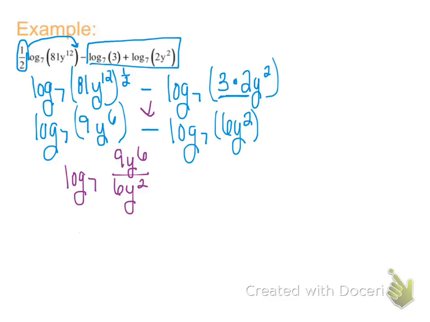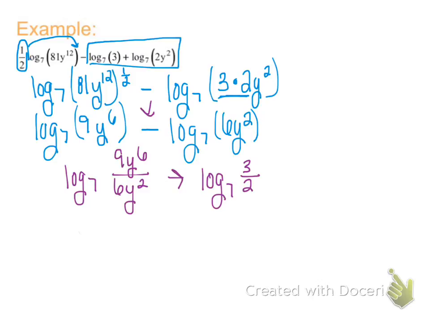Now, since middle school, you have been working on simplifying your fractions. Well, with logarithms, you're going to do the exact same thing. So I'm just going to simplify. I have log base 7. 9 divided by 6 is 3/2. And then y to the 6th power divided by y squared.